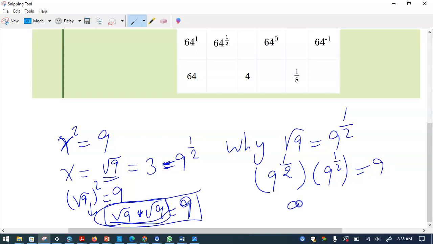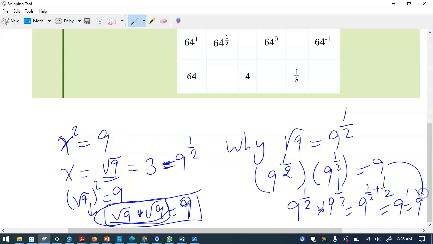You can use the laws of exponents and write this as 9 raised to half plus half. Half plus half is 1, and you get 9. So it's the same thing. 9 raised to half, when you multiply it by itself twice, gives 9, and square root of 9 multiplied by itself twice also gives 9. Therefore, this is always true.